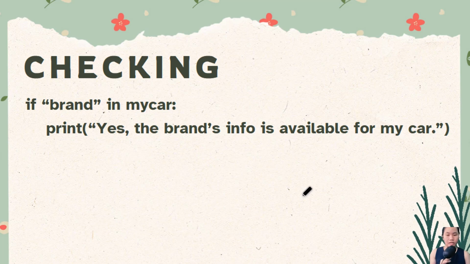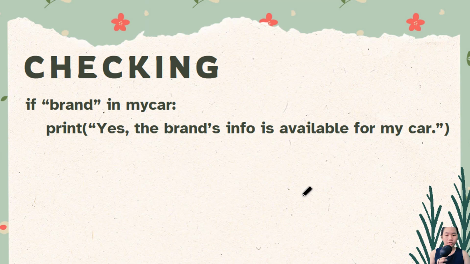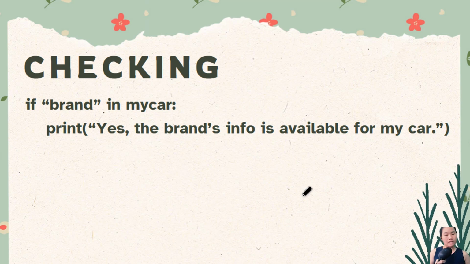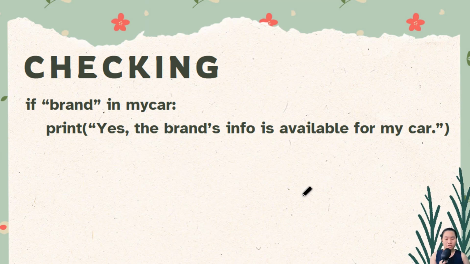If brand in the dictionary my car, print yes, the brand's info is available for my car. Okay, so you don't need to write if brand equals true or anything like that. If it exists, it's true. If it doesn't exist, it's false.